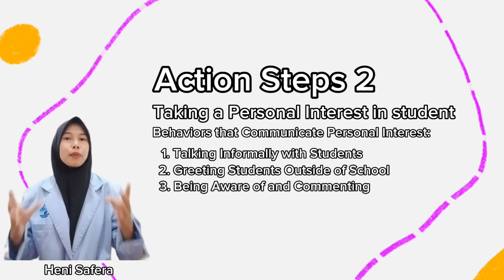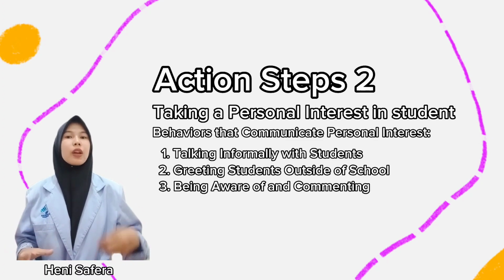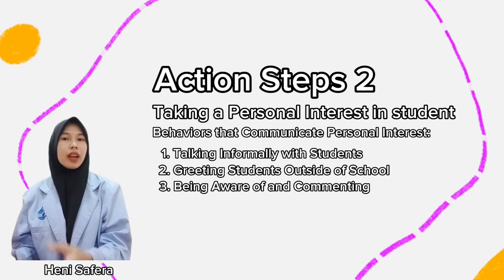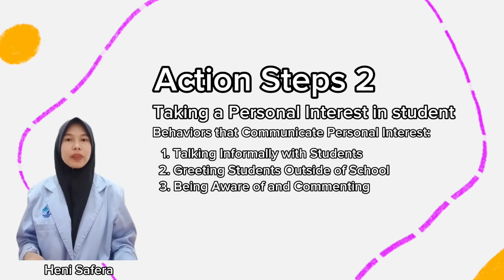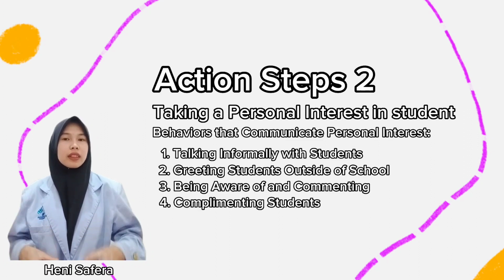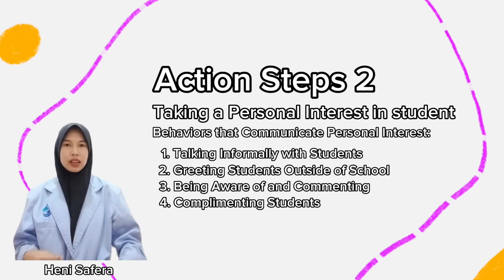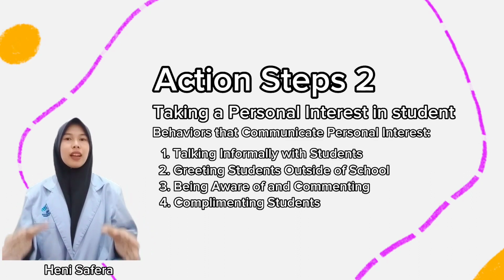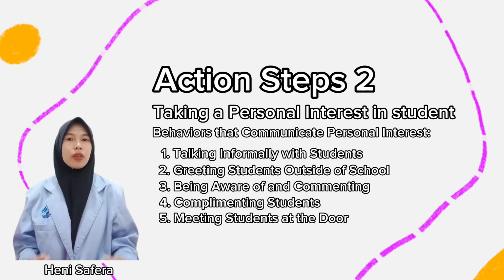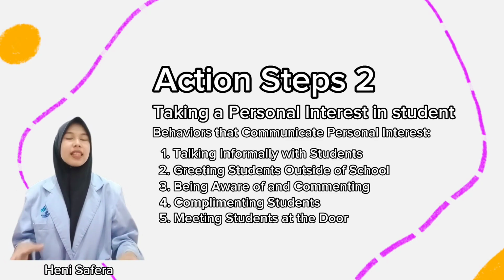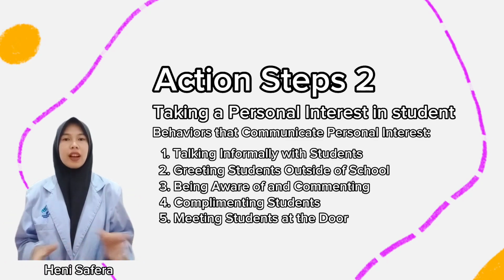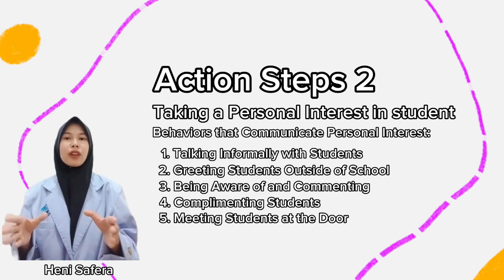The third, being aware of and commenting on important events in students' lives. The next is complimenting students on important achievements in and outside of school. The last, meeting students at the door as they come into class and saying hello to each child. For more examples, you can read the book.